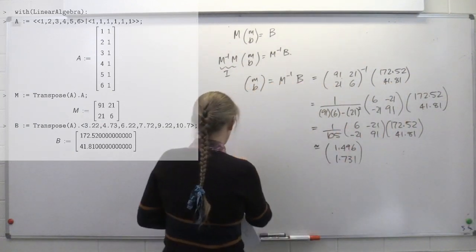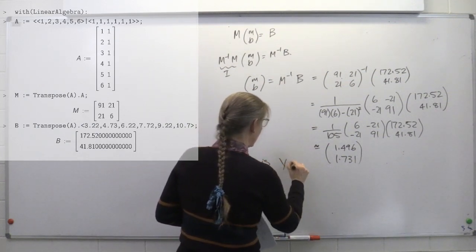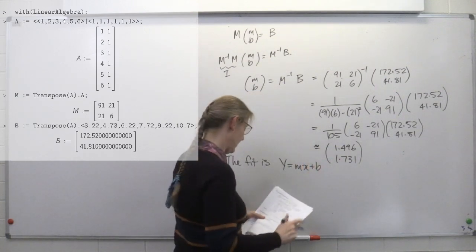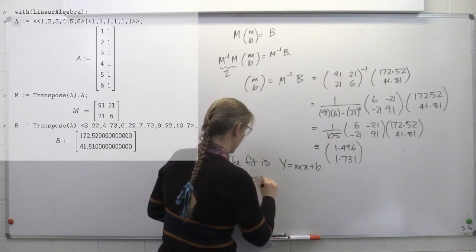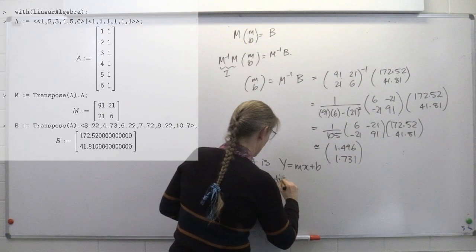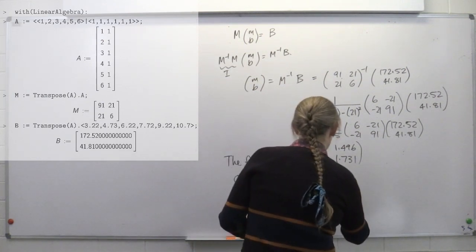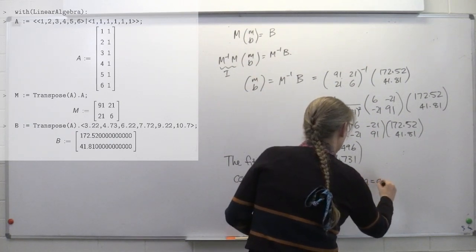Okay, so the fit is y is equal to mx plus b, corresponding to y is equal to a e to the mx, where a is equal to e to the b.